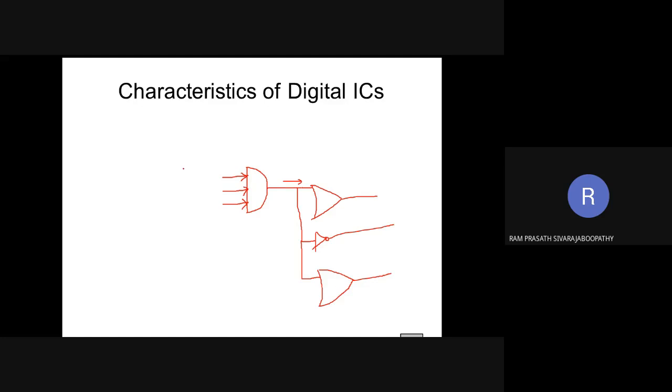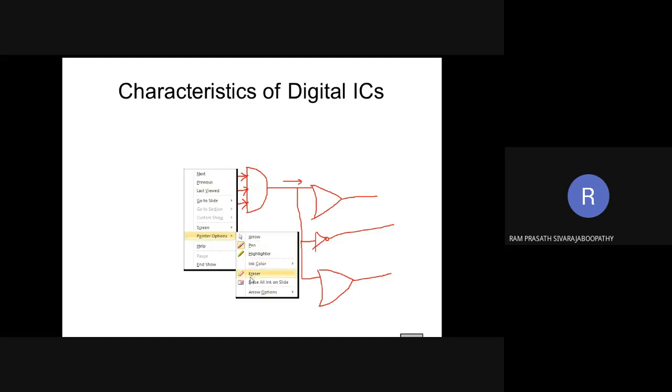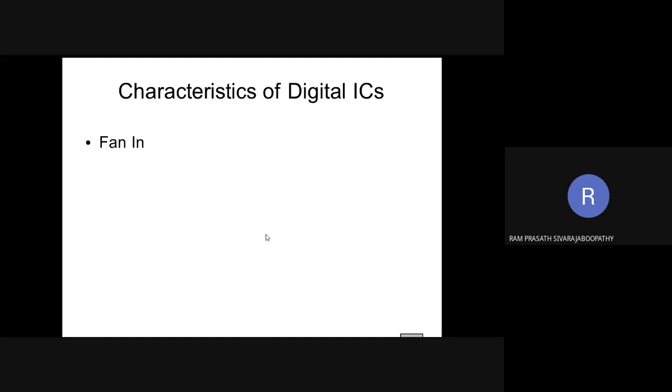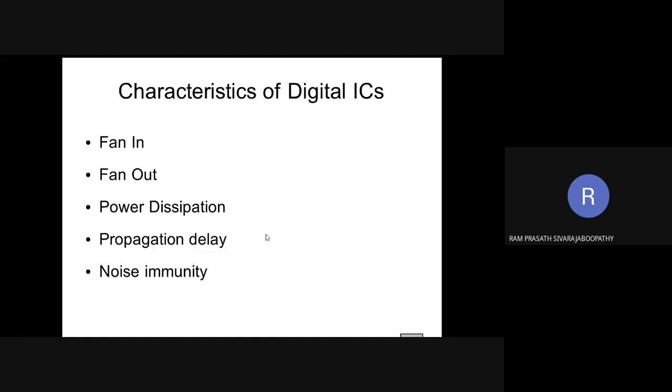Based on such parameters, we have different characteristics: fan in, fan out, power dissipation, propagation delay, noise immunity, and operating temperature. These are the characteristics to consider before designing any digital IC. There are many other characteristics, but these are the major ones we have listed.